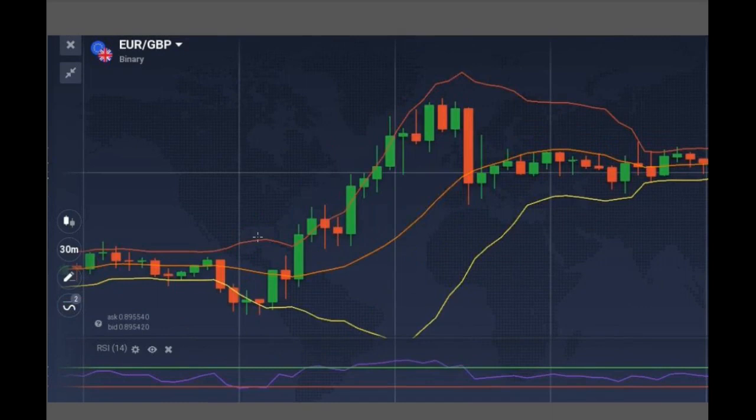So the next one, the last but not the least, is the Euro Great British Pounds. You can clearly see that the price moves out of the band, cuts back into the band, forms a higher high over here, and then there is a confirmation candle over here.